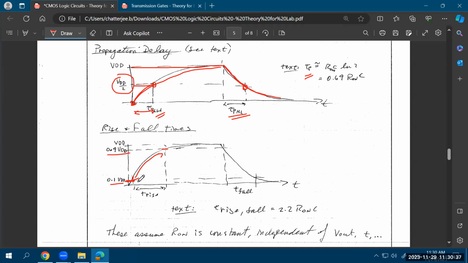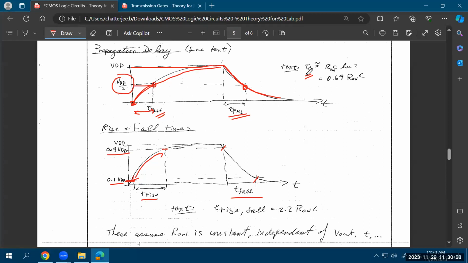You want to consider your system as ideal. So that's why you do not consider the rest of the 10%. You only consider when your voltage rises from 10% of the highest value to 90% of the highest value as the rise time. Similarly, the fall time is 90% of the highest value to 10% of the highest value. So that's your fall time.